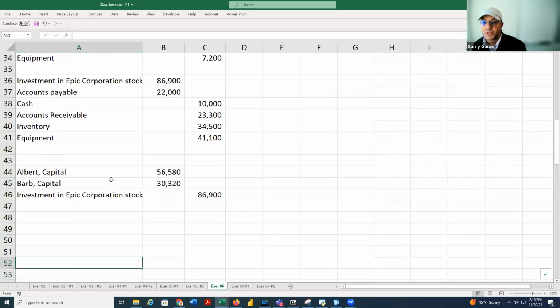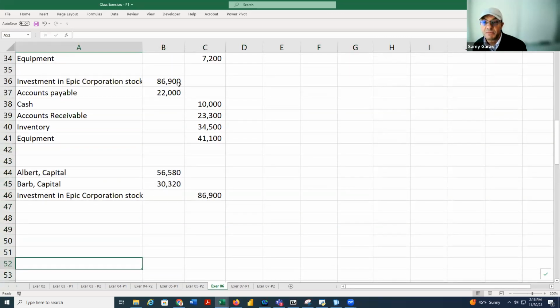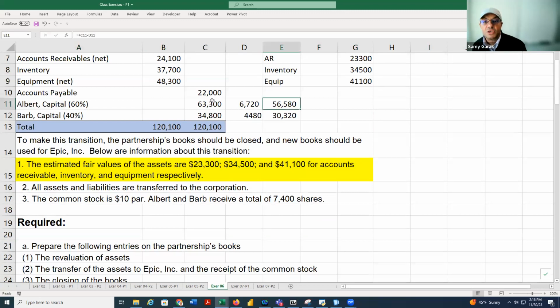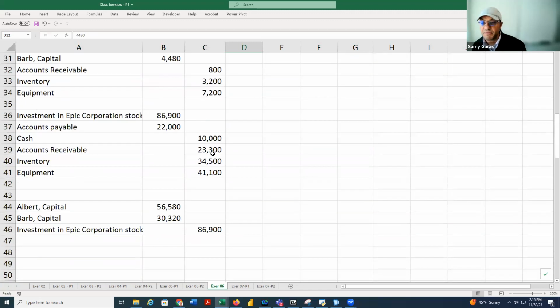So we debit investment by 86,900, credit Albert and Barb, and from where do I get this one? As you can see here, we get the original capital minus the loss, original capital minus the loss, and this would give me the third journal.